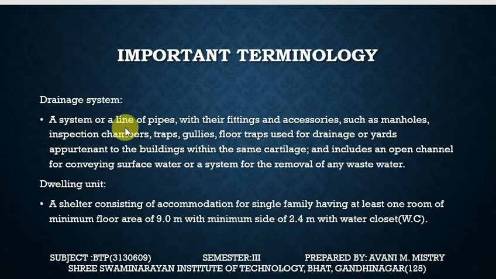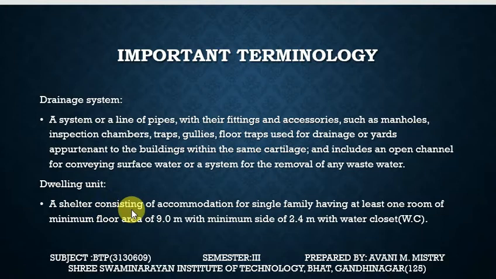Next, drainage system. A system or a line of pipes with their fittings and accessories such as manhole, inspection chambers, traps, gullies, floor traps used for the drainage of buildings or yards appurtenant to the buildings within the same curtilage, and that means same structure, and includes an open channel for conveying the surface water or a system for the removal of any wastewater.